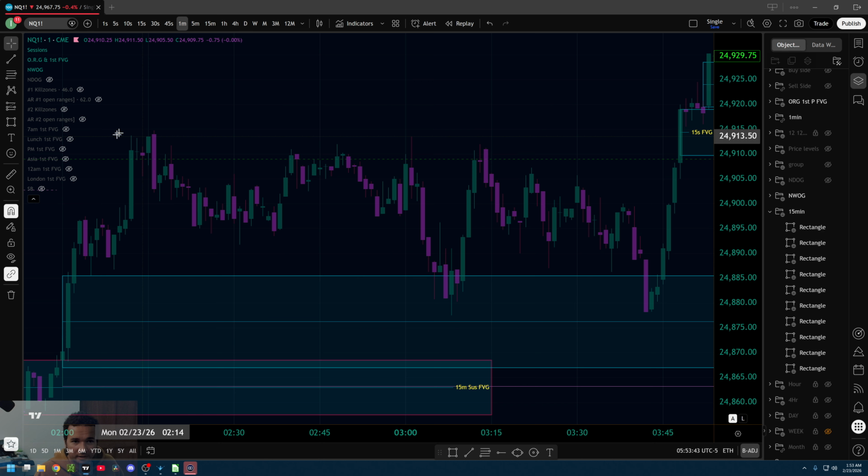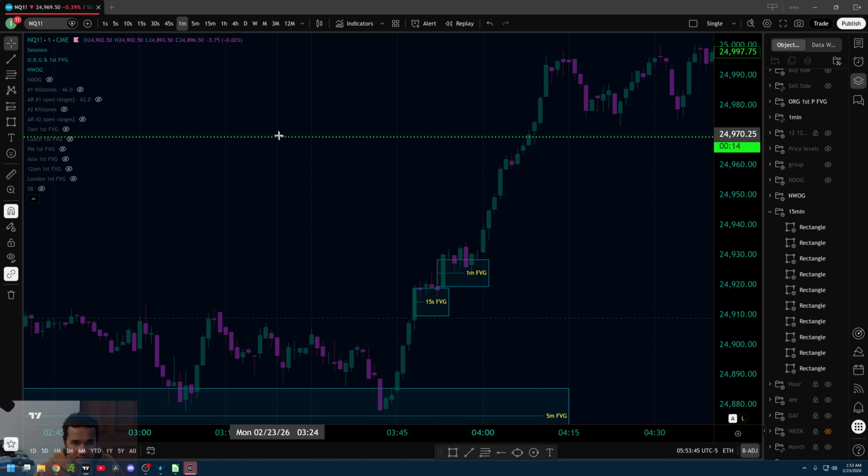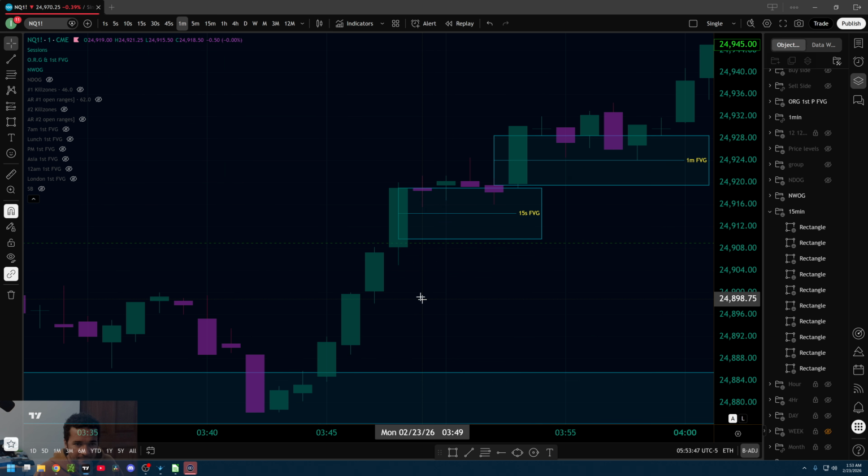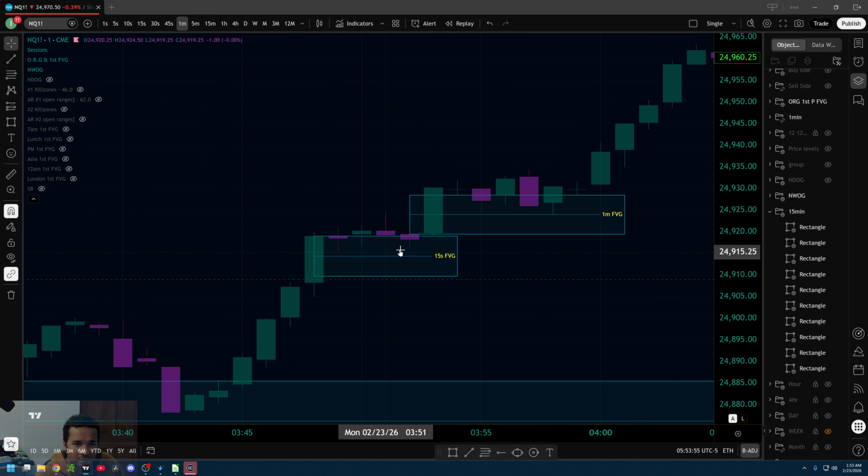This candle takes out these highs. There's a 15-second fair value gap we'll see on the next chart. If you don't take this, there's a 1 minute fair value gap that forms, and you have 4 minutes to enter, possibly 5, before you get the larger run up.